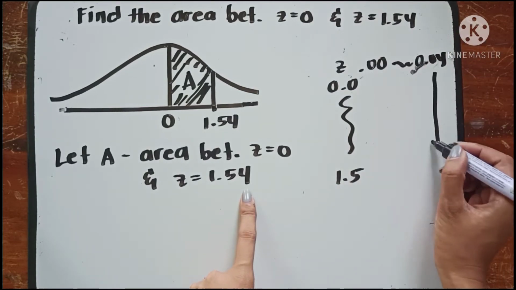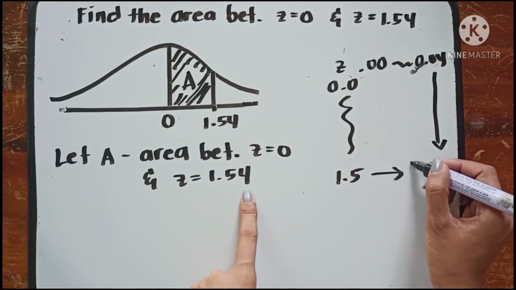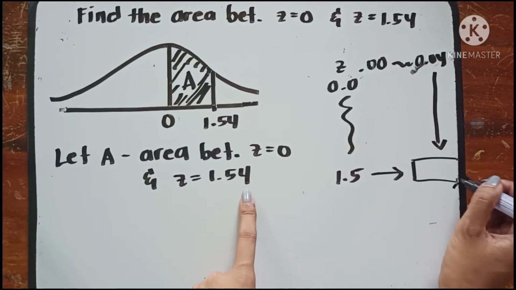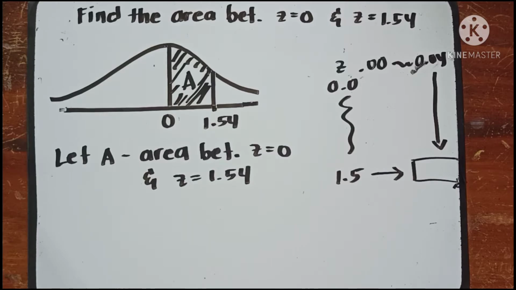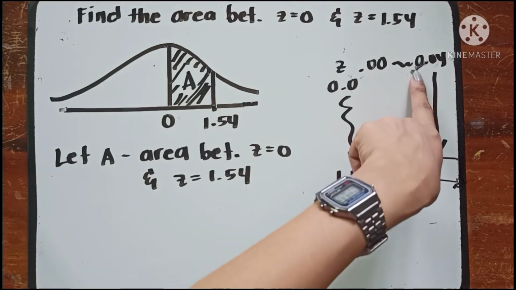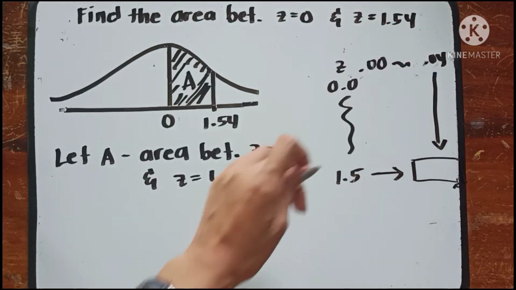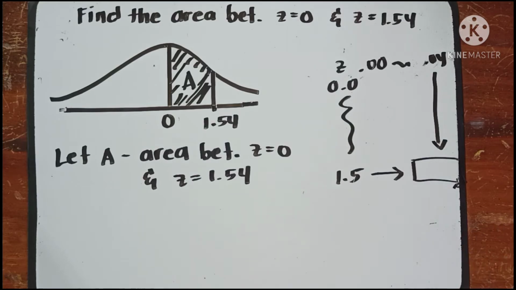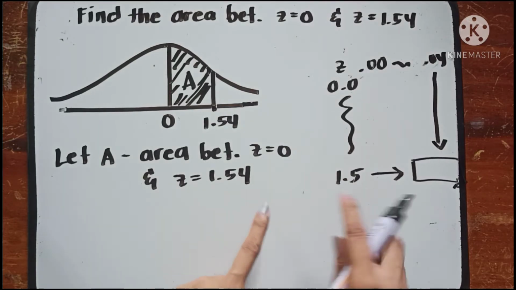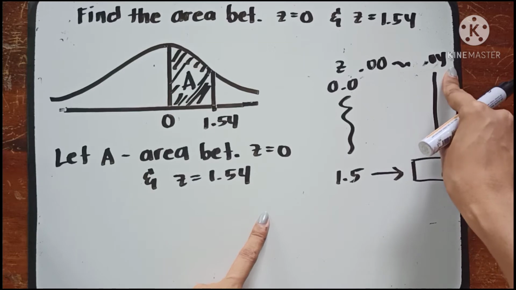And kung saan mag-intersect, so yung intersection nila, yun yung magiging value ni 1.54. Okay, so again, hanapin si 1.5 and 0.04 sa ating table. So, kung saan mag-intersect, yun yung magiging value ni 1.54.